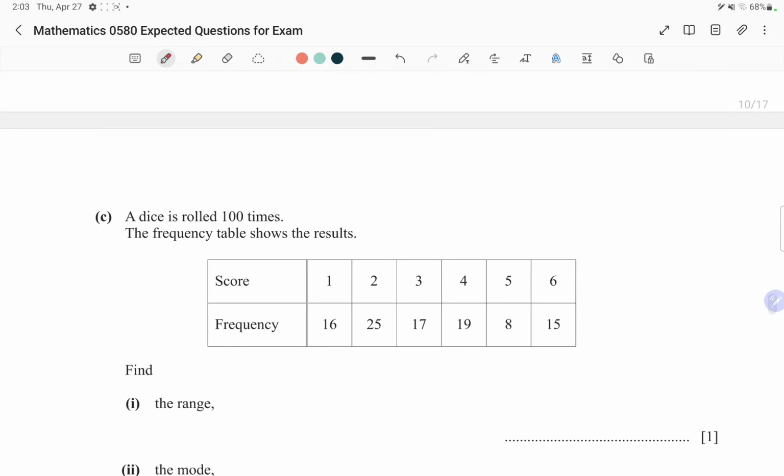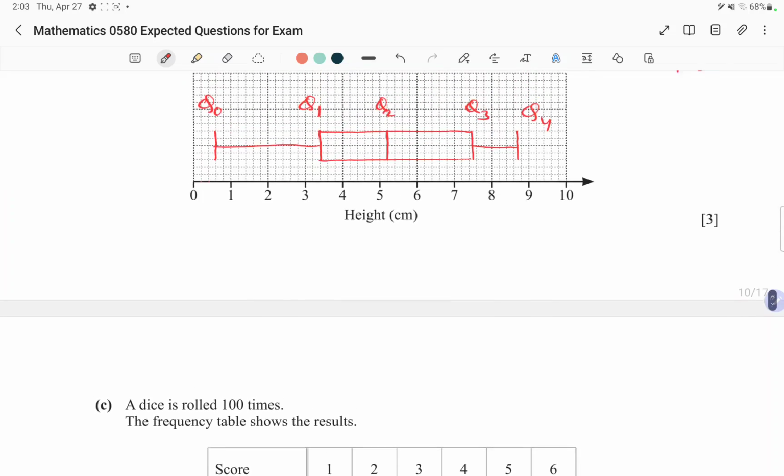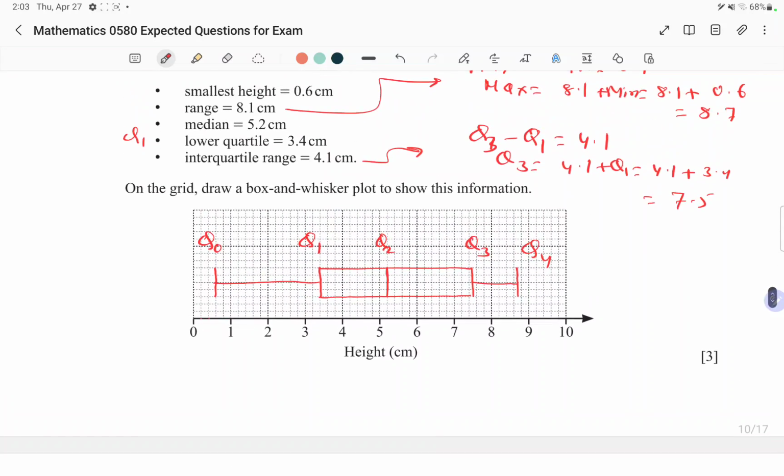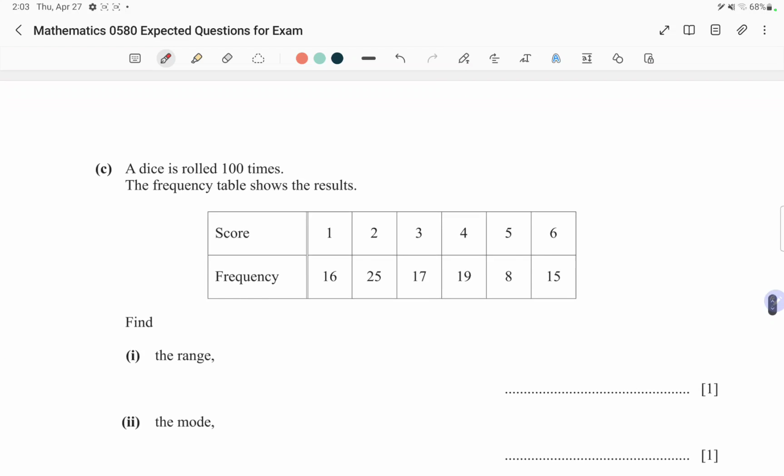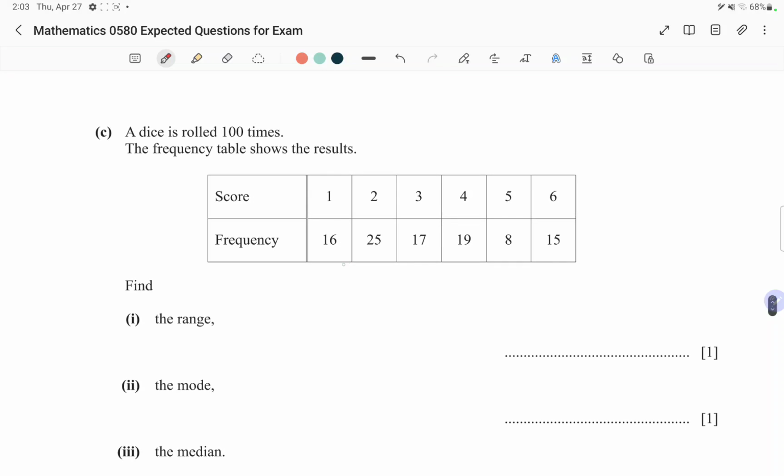Now come to the next question that says, a dice is rolled 100 times. The frequency table shows the result. So score 1 came 16 times and 2 came 25 times, and so on.